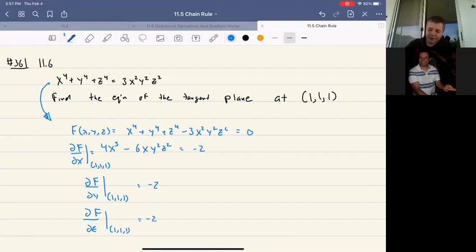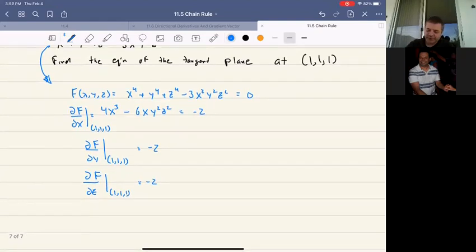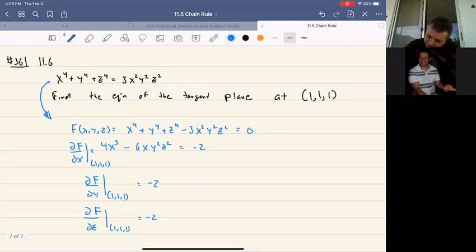Okay. So what's our plane? The equation of the plane is going to be negative 2 times x minus 1, minus 2 times y minus 1, minus 2 times z minus 1, equals 0.